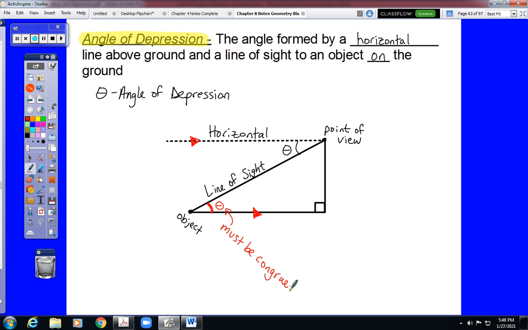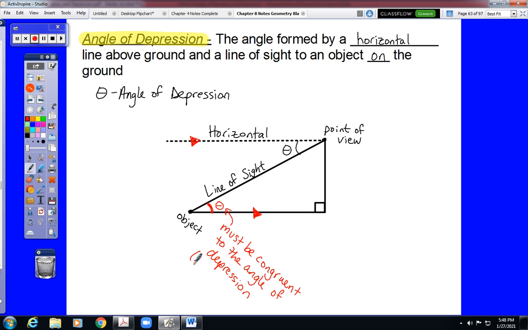The reason for that is that this angle I've just marked in red with theta and the angle of depression, well, the hypotenuse is the transversal of a pair of parallel lines, which makes those 2 angles alternate interior angles.